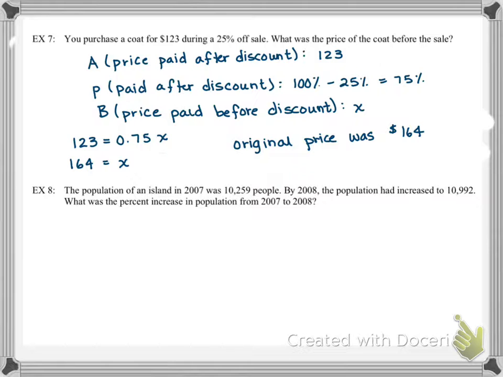So I'm going to have you do number 8. This, again, is a change situation, right? Our population is changing. So we want to think, again, about the after, the before, and the percent.